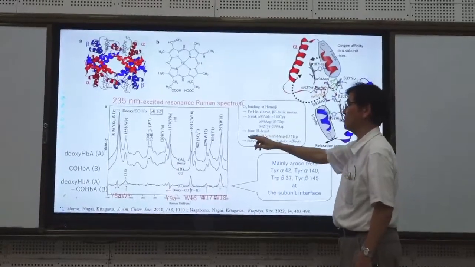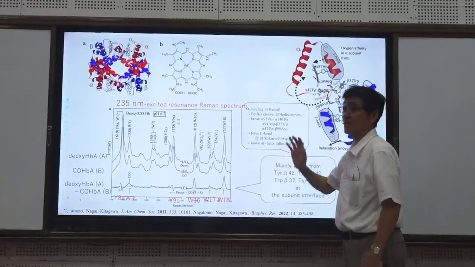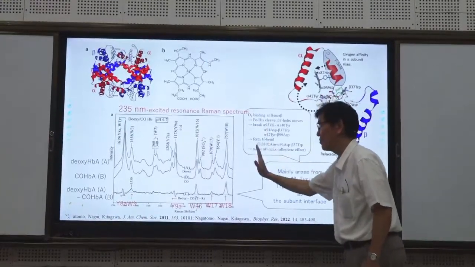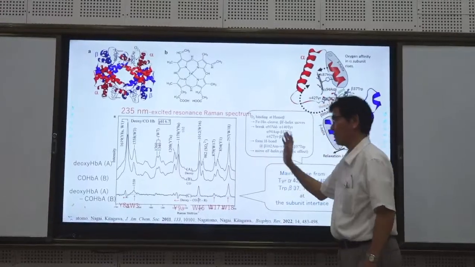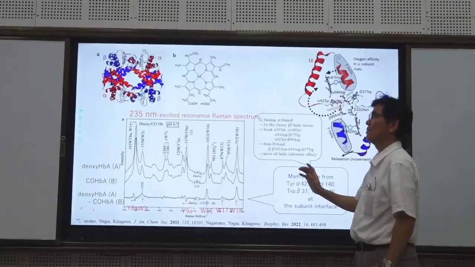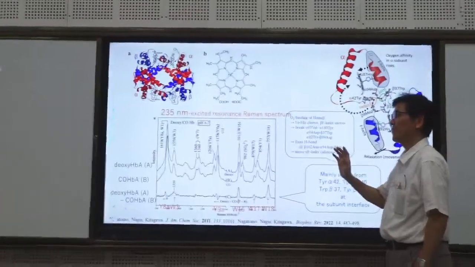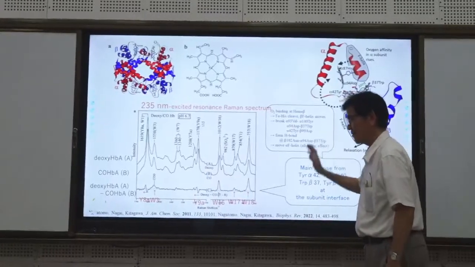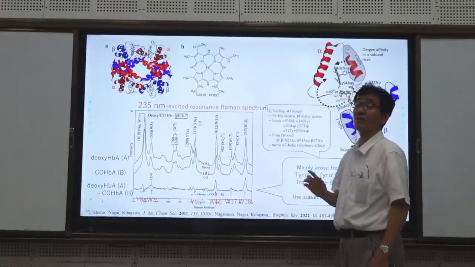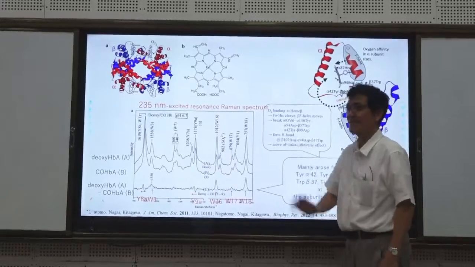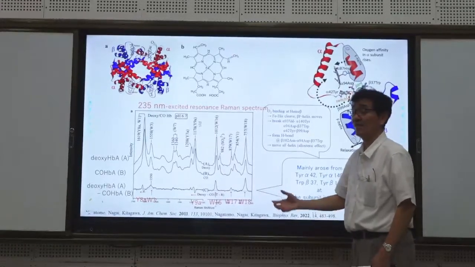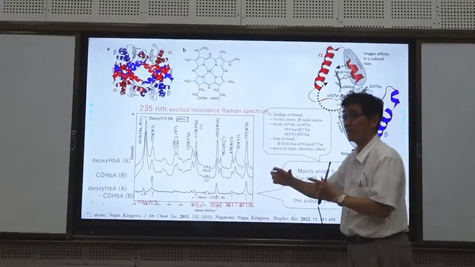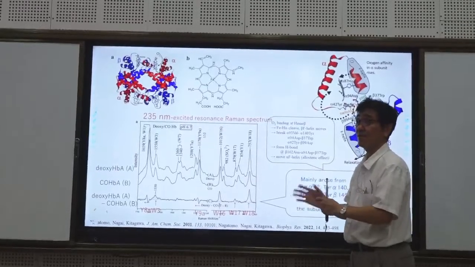Then if some peak matches your interest, we tune the excitation wavelength to that position. Sometimes it's easy to choose the excitation wavelength if it's commercially available. If not available, we need to convert the wavelength by some crystal or something.